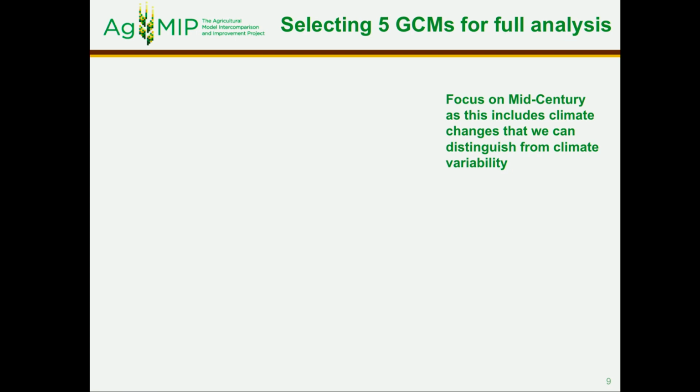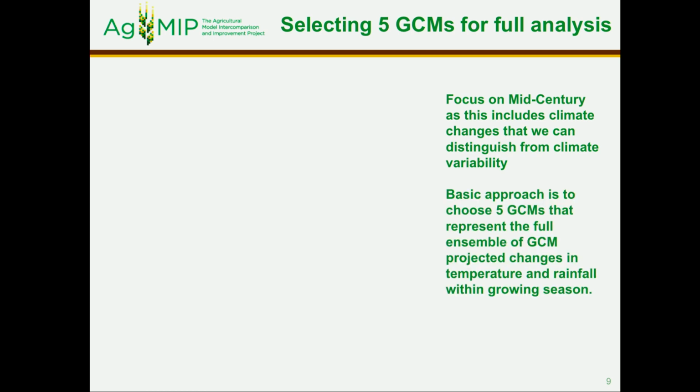By the time we count up adaptations, SSPs, different crop models, different economic models, the combinations become astronomical. So I've been battling over the years to keep this number at least 5 GCMs that we include. But what I'm going to show here now is a way that we've actually been selecting 5 GCMs for particular regions based upon the overall distribution of GCM projections for that region.